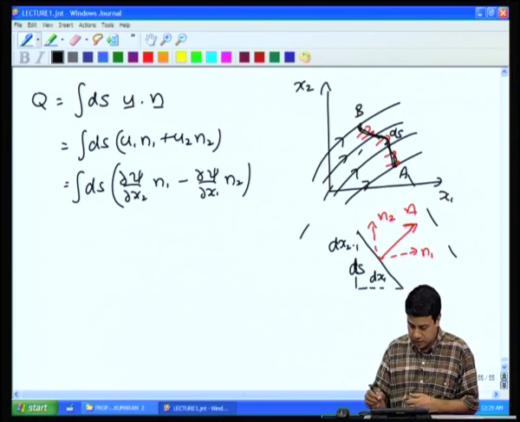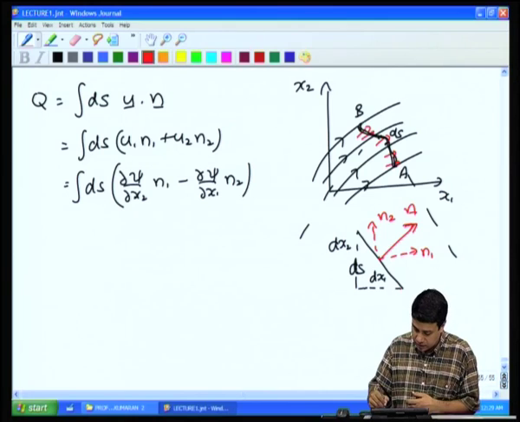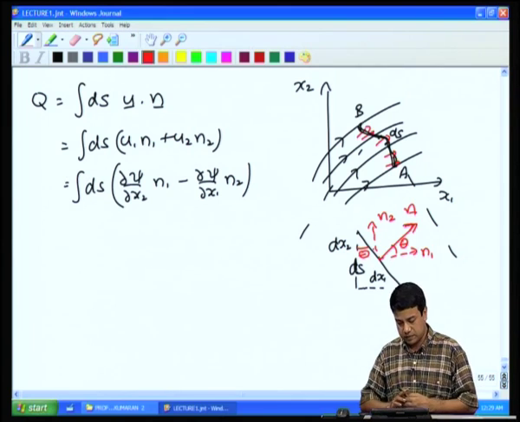If this is the angle theta between n1 and n, then since s is perpendicular to n1 and x2 is perpendicular to n1, and s is perpendicular to n, this angle is also equal to theta.